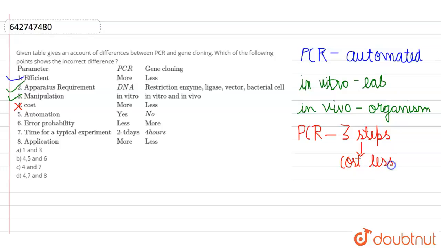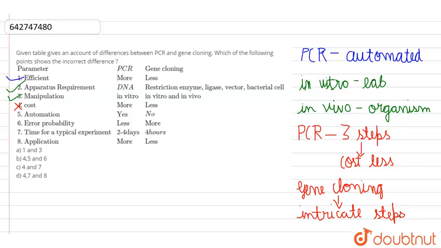Whereas gene cloning has a number of very complex steps. So we can say that gene cloning has many intricate steps to follow. So it is more costly as compared to PCR. So this point of difference is wrong.